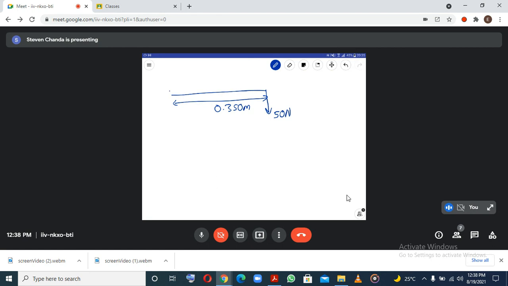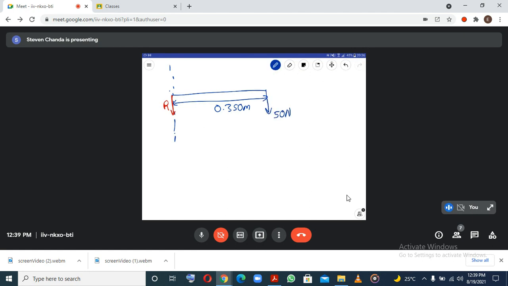Then this is our axis of rotation, and we are choosing it because that's where we get rid of certain forces which we don't know, like the downward force from the humerus. We don't know what it is at this point, so it's good to make this point our axis so that we can just cancel it.